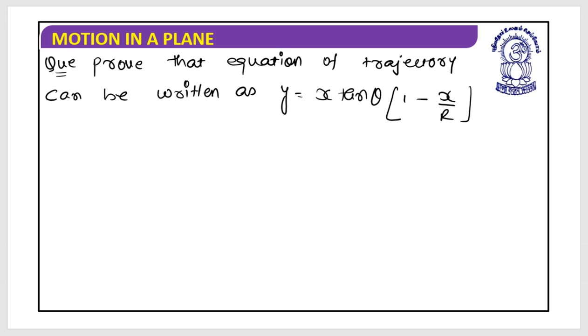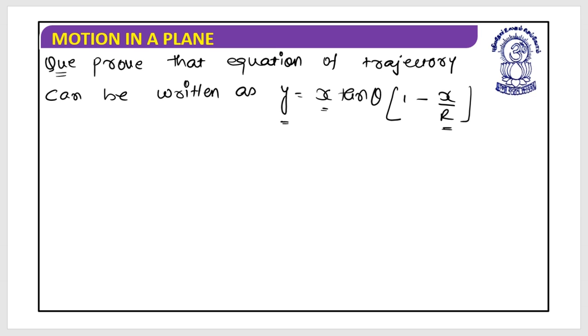R stands for range, y is for the y-axis, x is for the x-axis. So I need to prove that my equation of trajectory can also be written as y equals x tan theta into bracket 1 minus x by R.